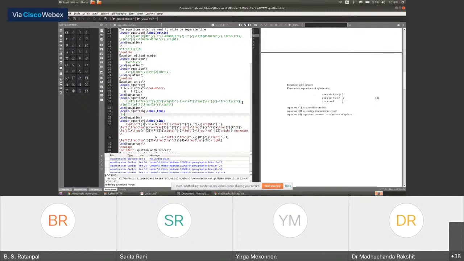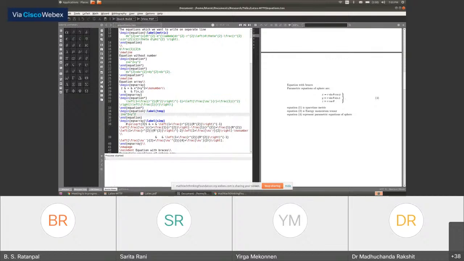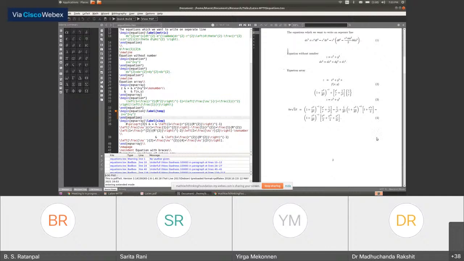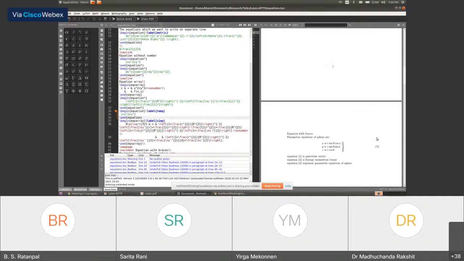Now let me add another equation between these two. You can see I have included another equation. One is this, two is this, three is this, z is equal to x square plus y square, four is this now, and five is this.